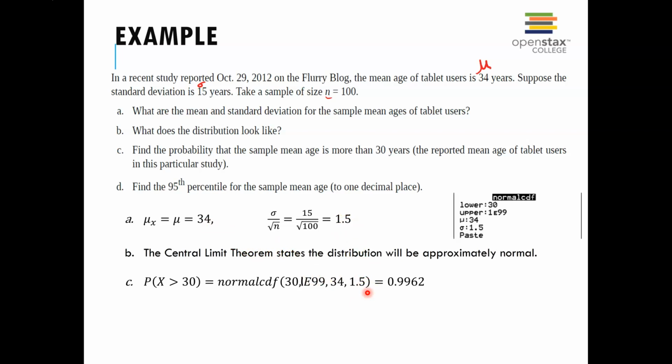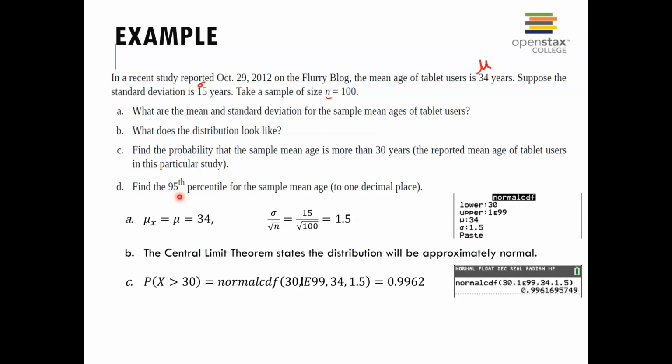All right, so if we throw that into the normal CDF in the distribution menu on our calculator, I just put in my lower, my upper, my mean, and my standard deviation, then it will shoot out that probability for me.